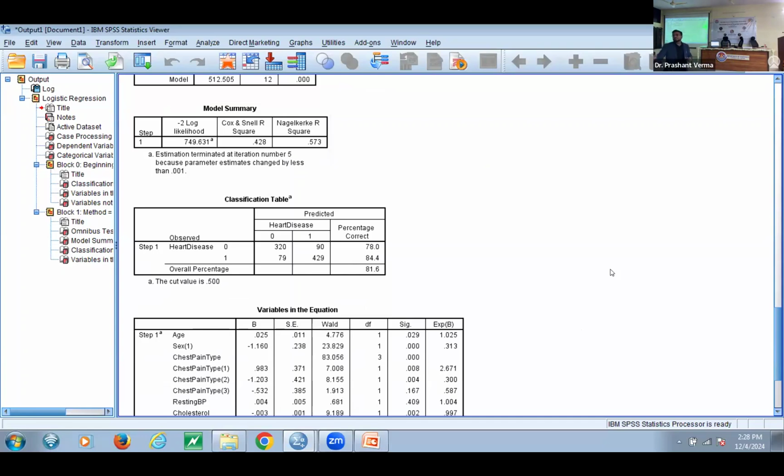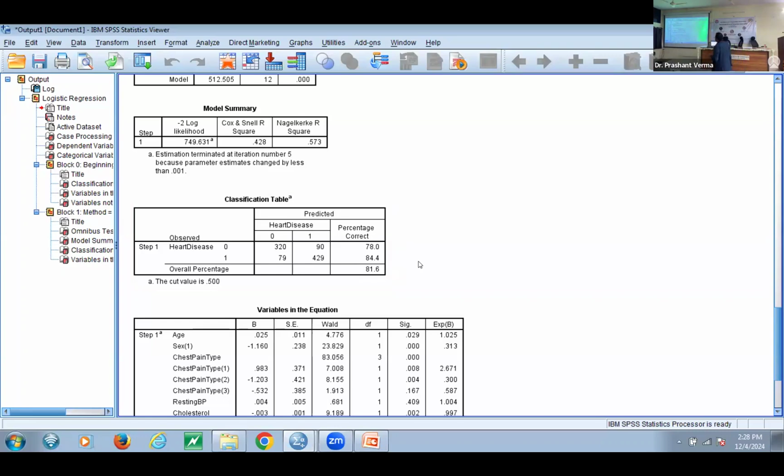Why? Because it's not a regression problem. In a regression problem, we often see R square and adjusted R square. In a classification problem, it's recommended that we evaluate the model on the basis of the confusion matrix. So here it's a confusion matrix. It says the model is able to predict heart disease cases with an accuracy of 81.6%.